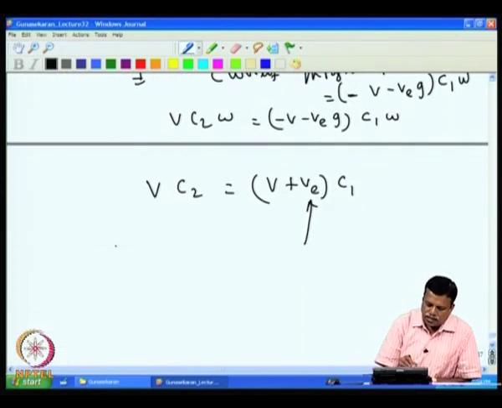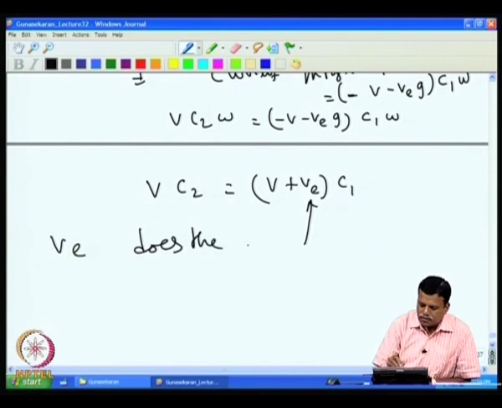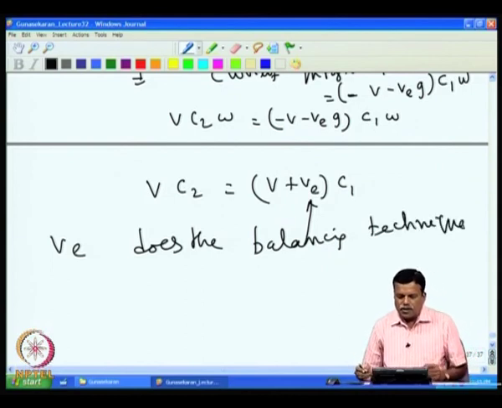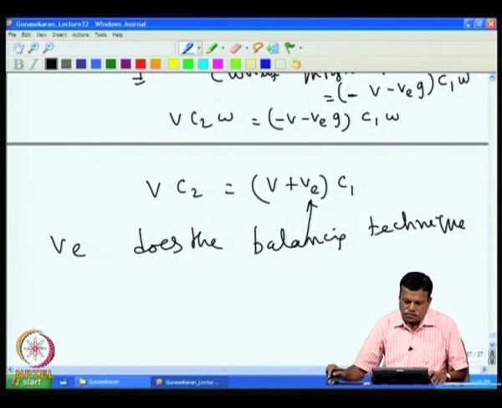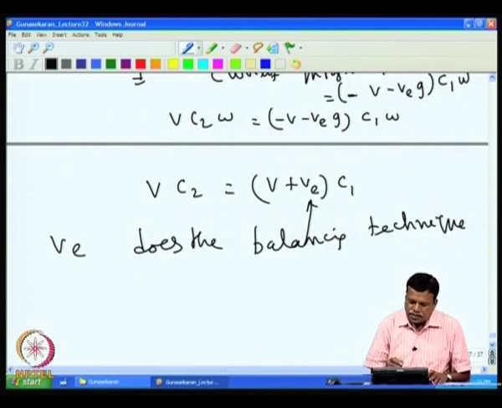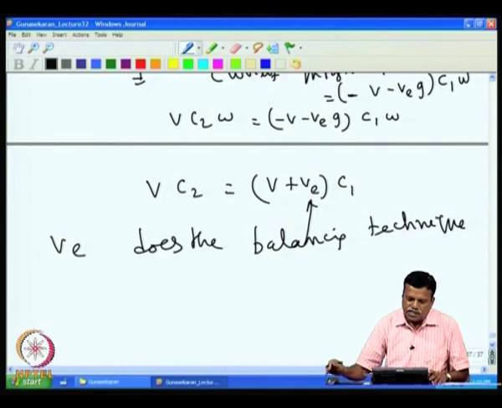So, VE does the balancing technique. By this, the bridge is getting balanced.